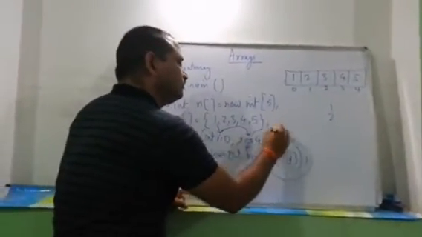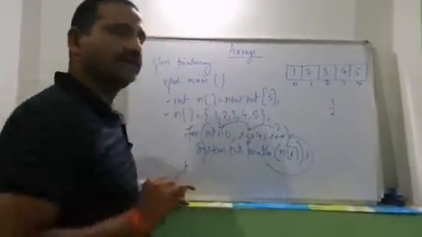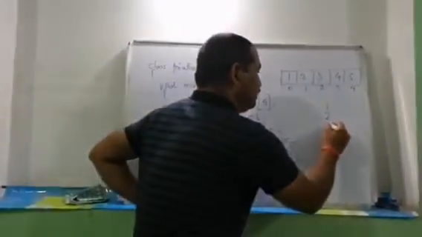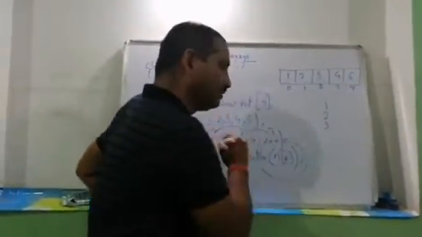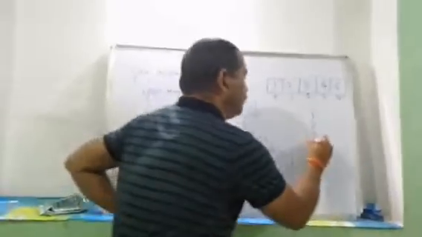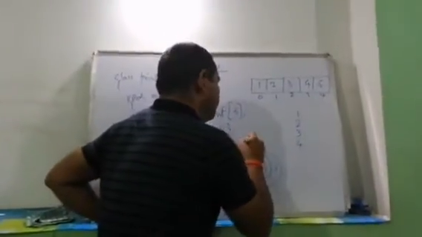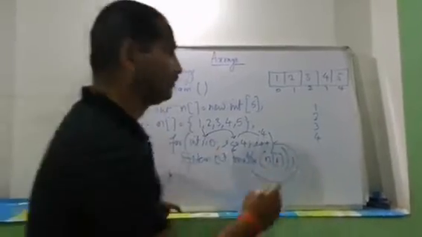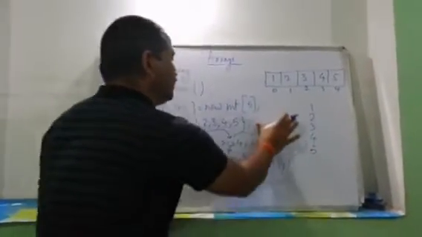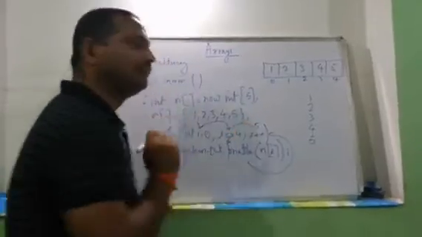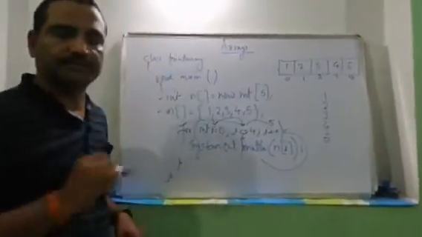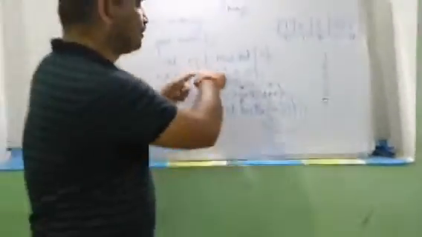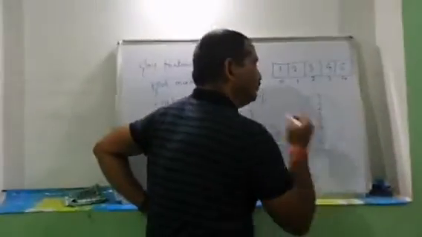Then again the condition will be true, and it will print 3. Then it will print 4. Now the value of i will be 4. The condition is true again. n of 4, it will print 5. And when the value of i will be 5, the condition will be false, then it will come out. So we have stored these values and we have printed these values.